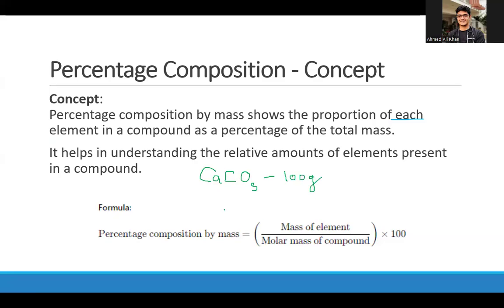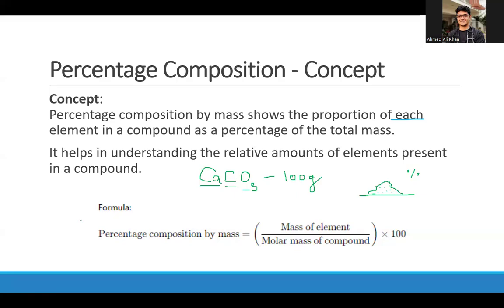If you want to know, I have this powder of calcium carbonate lying on the table, what percentage of this powder is calcium? What percentage is carbon? And what percentage of this 100 grams is oxygen, right? That's how you calculate the percentage composition.